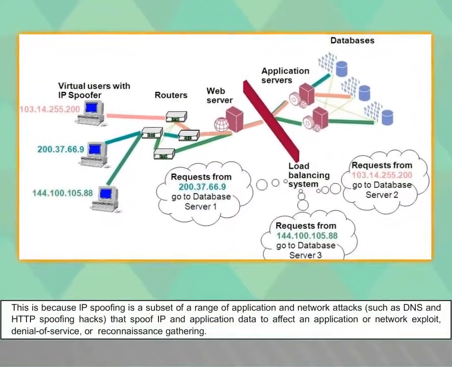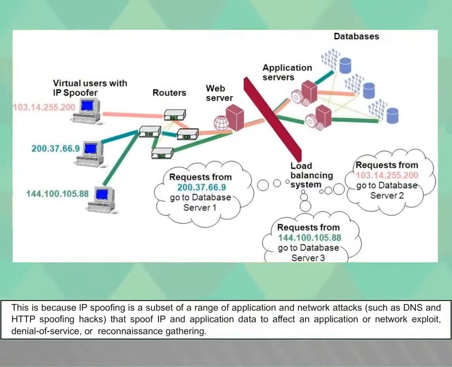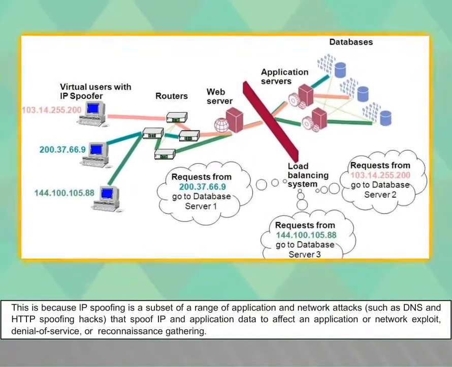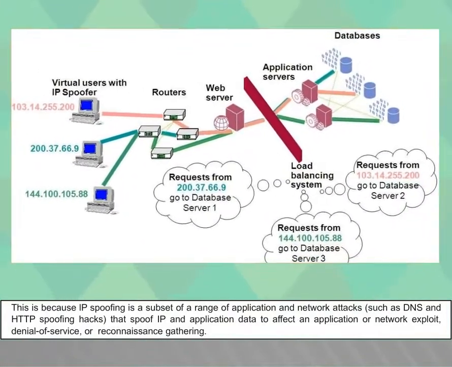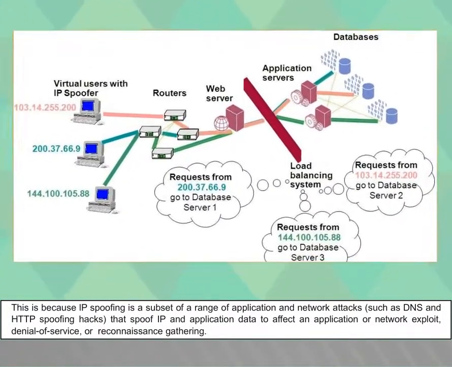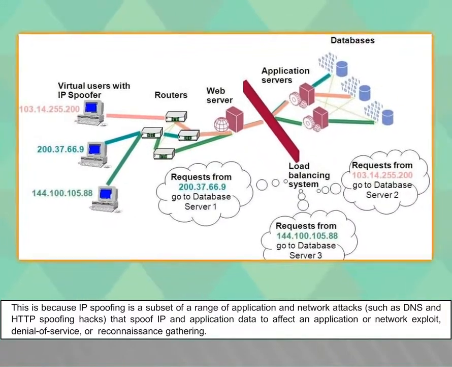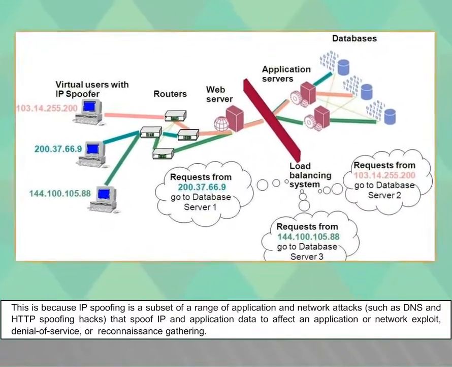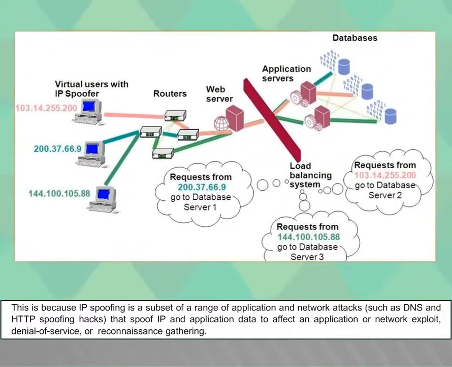This is because IP spoofing is a subset of a range of application and network attacks such as DNS and HTTP spoofing hacks that spoof IP and application data to affect an application or network exploit, denial of service, or reconnaissance gathering.